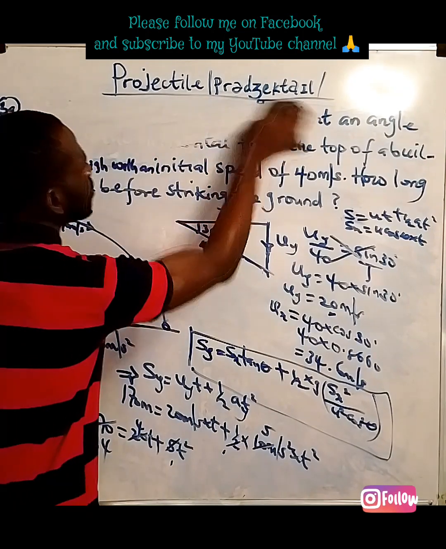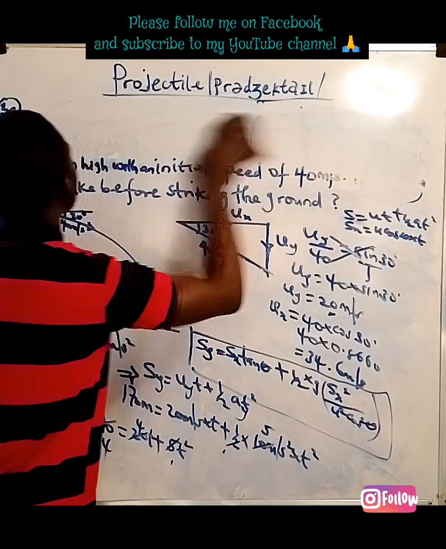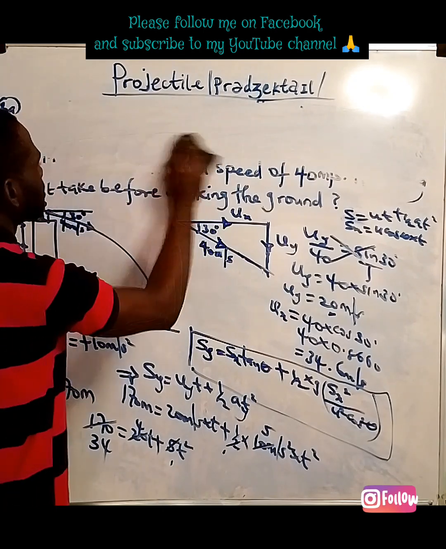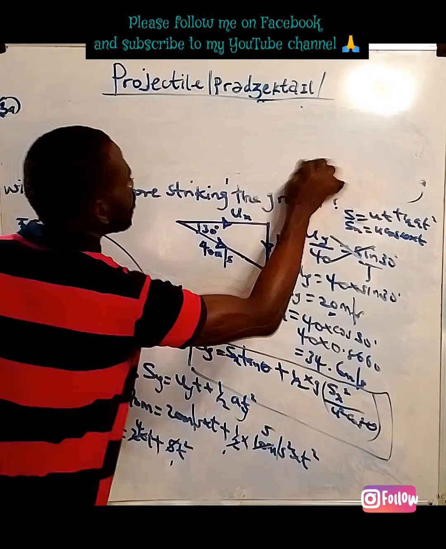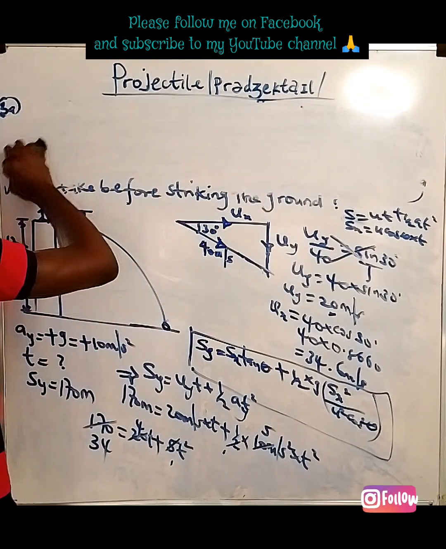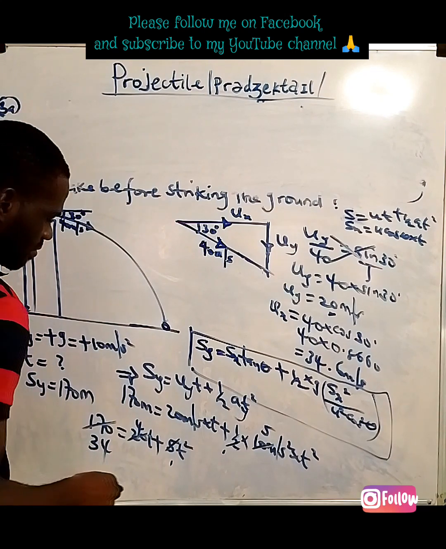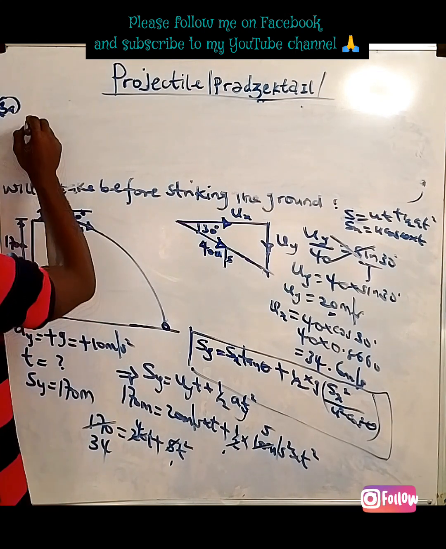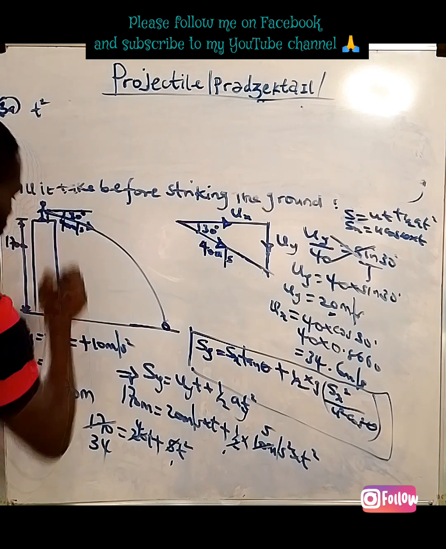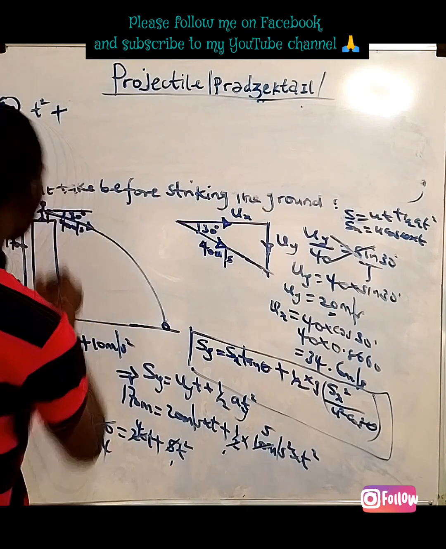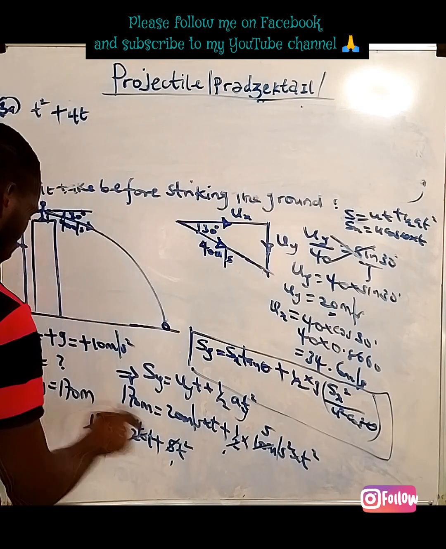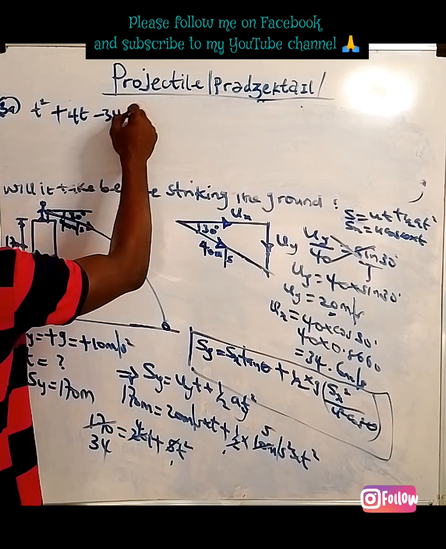Use the formula method to solve this, although we've not taken the formula method. We use the formula method to get this sorted. So what do we have? We have t squared plus 4t, send this one to the other side, minus 34 equals 0.